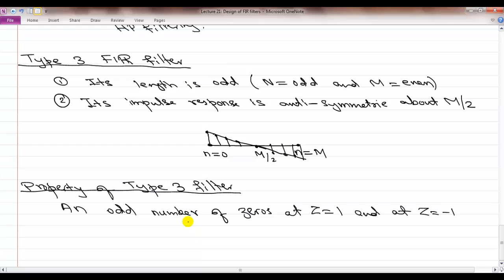So again, you have to relate the zeros to the frequencies. At z equal to 1, that corresponds to omega equal to 0 frequency. So this filter is neither good for low pass filtering nor for high pass filtering.